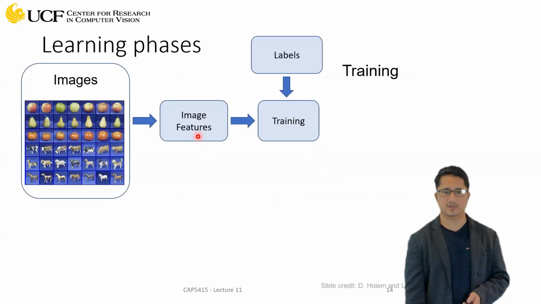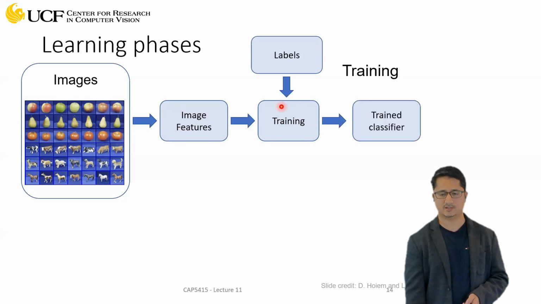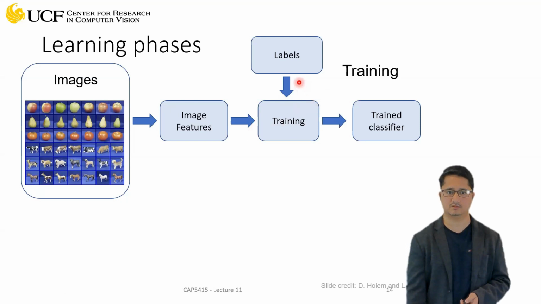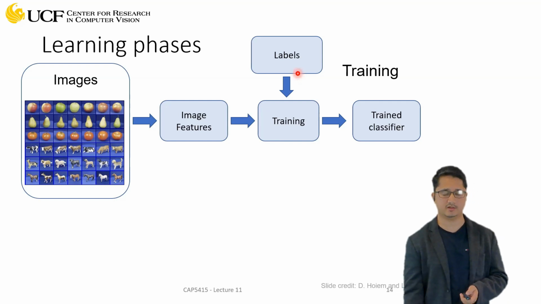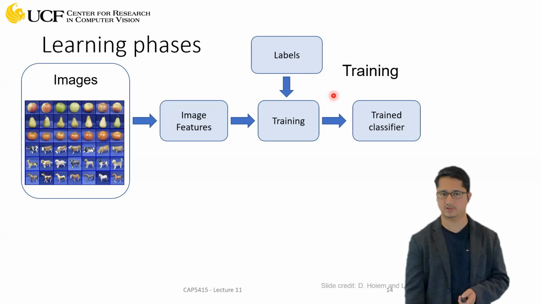So the learning phase will be, you will have your training images, you will extract features, and then you will train your classifier over here. And to train that, you know that you need the ground truth labels. In classification, you will only need which object is actually present in your training samples. And that will give you the training signal, for which you can have a loss function.